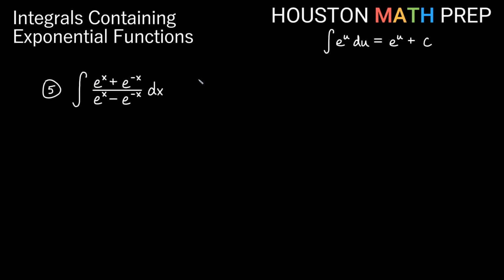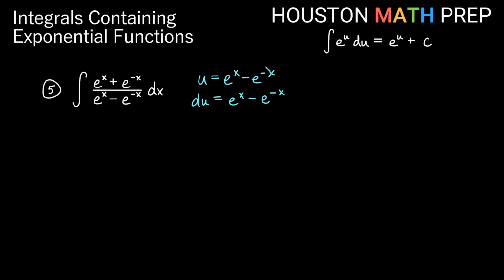It actually turns out if you let u equal the entire denominator here, u equals e to the x minus e to the negative x, then the derivative of that, so let's think about what we would get here. Derivative of e to the x is itself, minus the derivative of e to the negative x would be itself, but then the chain rule would give us what?